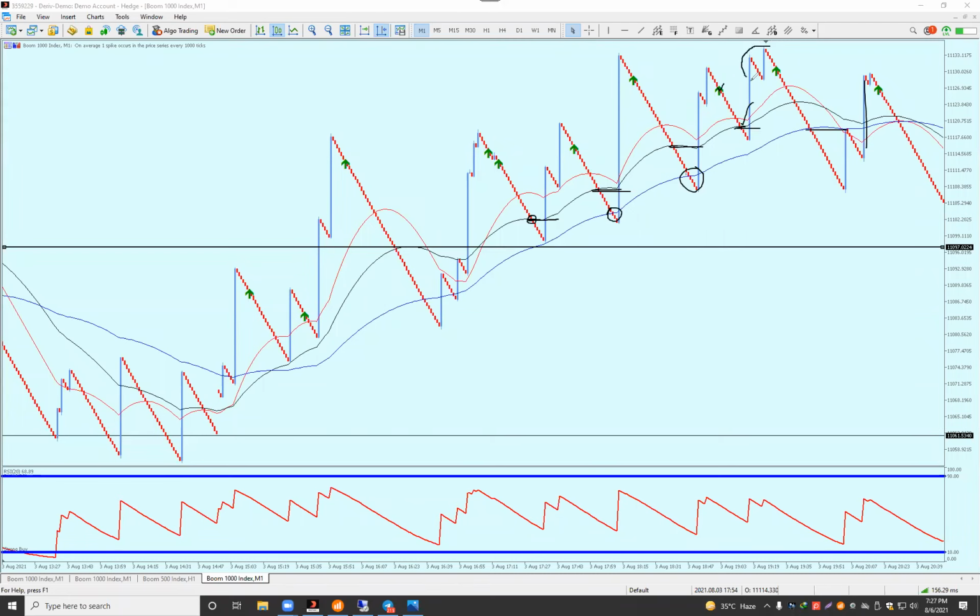Here, what is the pattern? The M. If an M is coming down and price even crosses the moving average, don't enter the trade. When will you enter? When price moves up, is there any M? No. Confidently you can enter. But if there is an M, then don't enter.